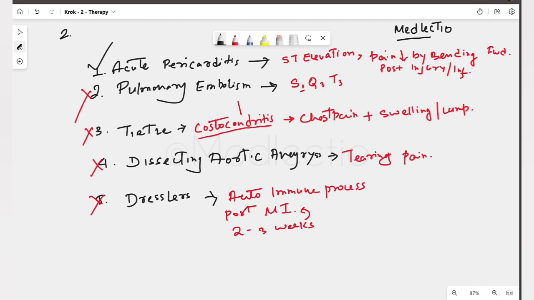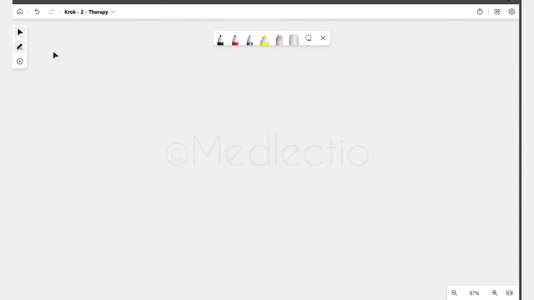So first we talk about that. How many types of brain hemorrhages or hematoma are there?